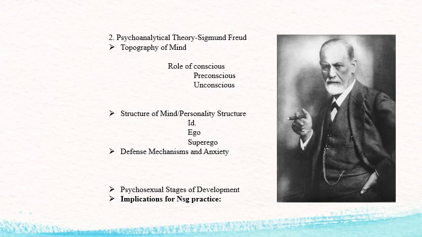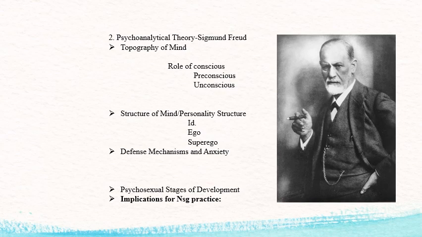The role of the unconscious is where memories are that you're not able to bring to awareness, memories that are repressed, and usually he talks a lot about unpleasant and non-essential memories being repressed or in the unconscious. He also talked about the structure of the mind and the personality structure: the id, ego, superego. You should know about that and make sure you know what those are.